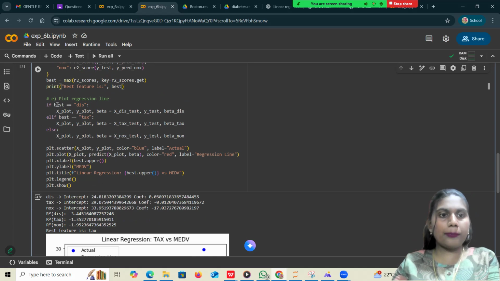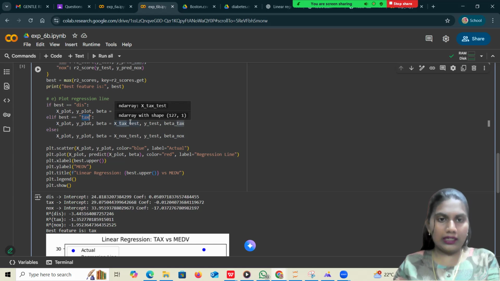If the best is equal to distance, we are going to plot x plot, y plot, with the distance train and the y train. Else, if best is tax, we are going to give the tax test, y test and y predicted. Else we are going with NOx.